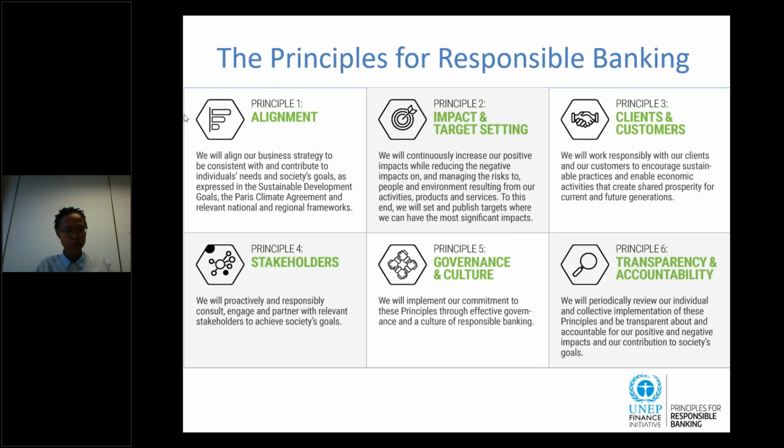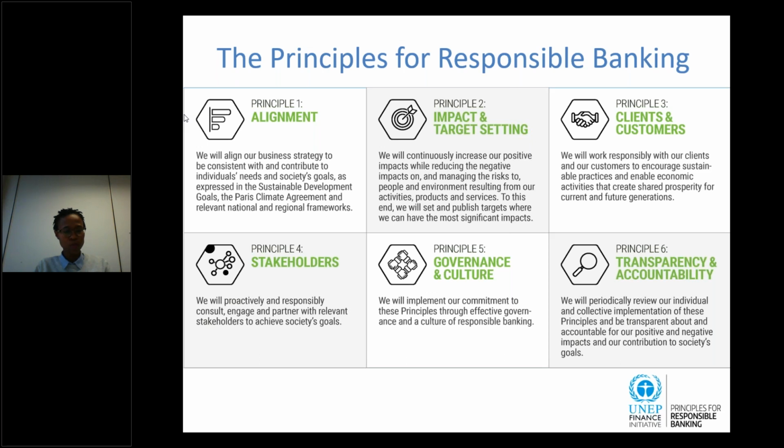We can do maybe lobbying or promoting to strengthen an ecosystem that enables us to develop better products and services towards sustainable activities. The 5th principle is the principle of governance and culture. It reads that we will implement our commitment to these principles through effective governance and a culture of responsible banking.